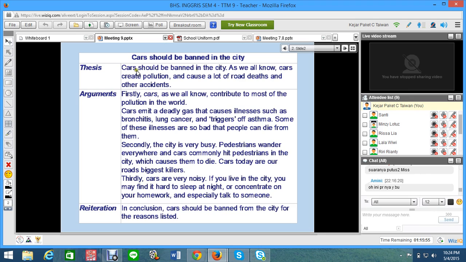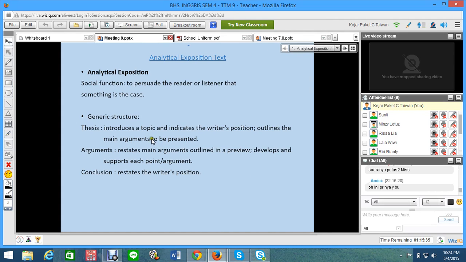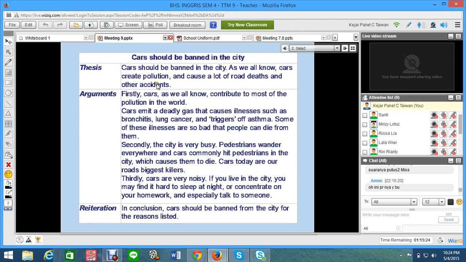The first is cars should be banned in the city as we all know cars create pollution and cause a lot of road deaths and other accidents. Okay, so this is thesis. Okay, so you have to remember that first the thesis here means introduce a topic or indicates the writer's position, okay, outlines the main argument to be presented, okay. This is here that, so this is the thesis.